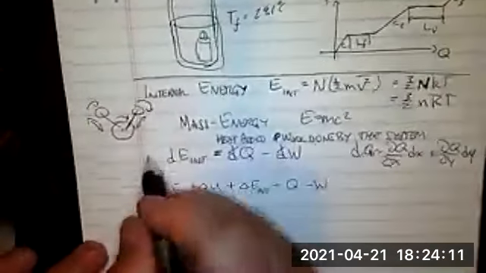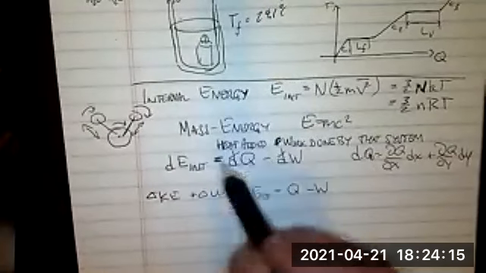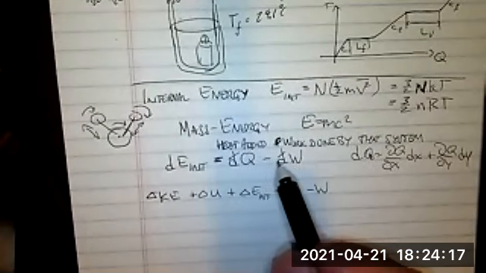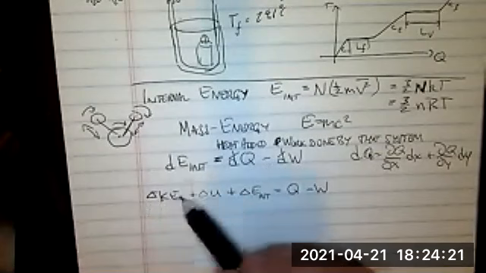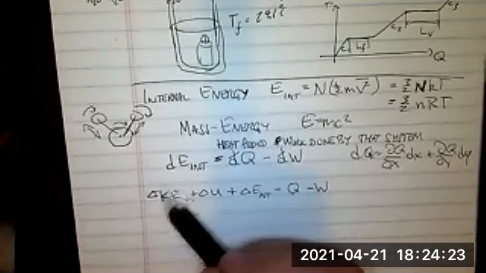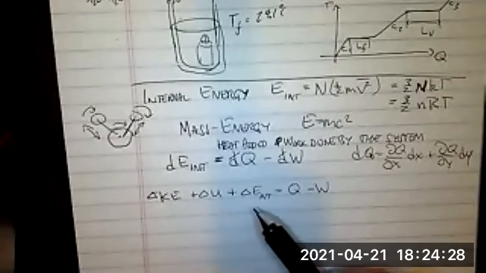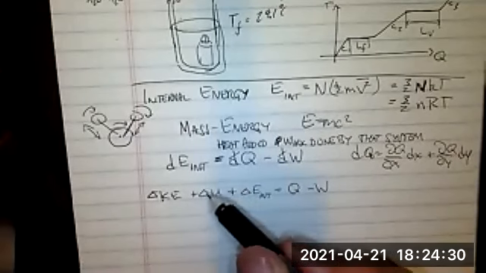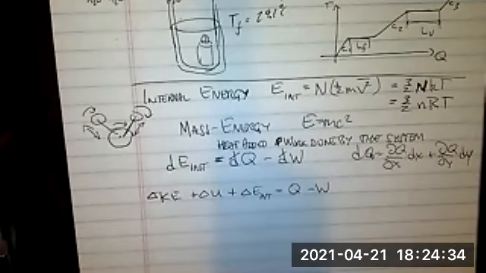Okay. So both of these are versions of the first law of thermodynamics, but this is one that's sort of narrowed down for you, just talking about thermal energy and work, not specifically macroscopic mechanical energy like individual particles moving with velocity v, so that their kinetic energy is 1/2 mv squared, and above the surface of the earth, so their potential energy is mgh. So this is the more general form.